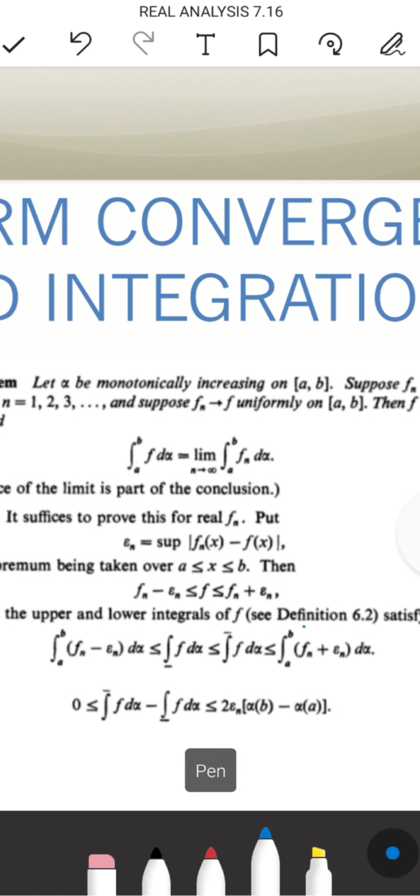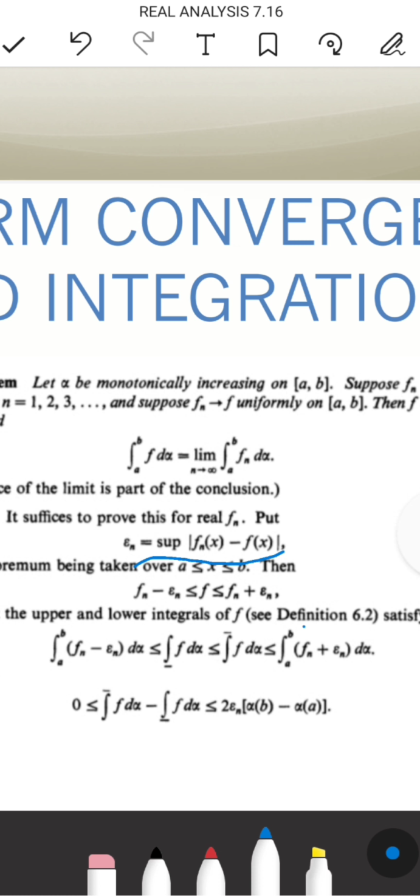Now for showing this, we take epsilon_n equal to the supremum of mod f_n(x) minus f(x), where x belongs to [a, b]. Given f_n converges to f uniformly, epsilon_n tends to 0 as n tends to infinity.